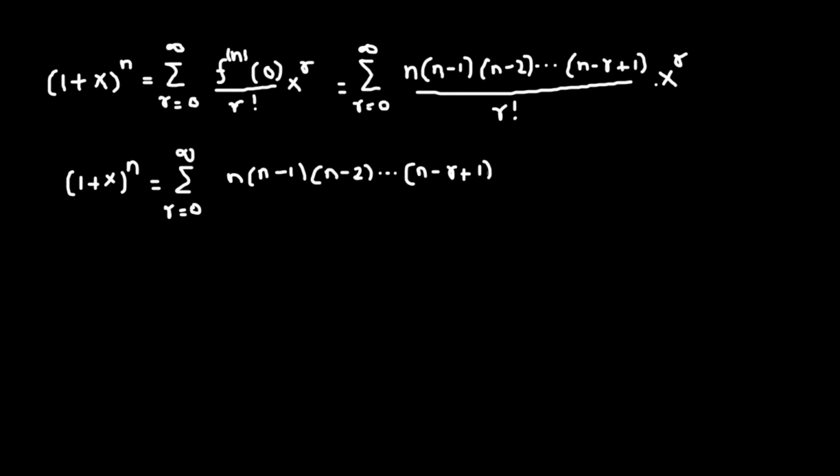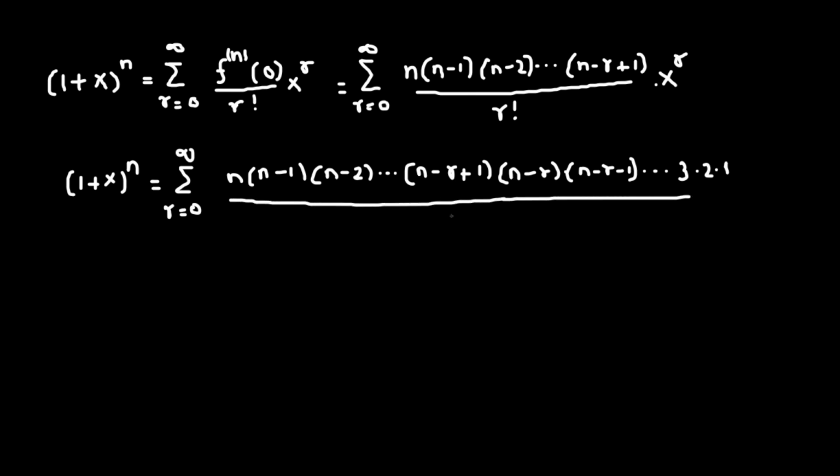Now we're going to multiply with some extra terms, so that would be n minus r times n minus r minus 1 all the way up to 3, 2 and 1, and divide by the same number of terms. So that will be r factorial times (n minus r times n minus r minus 1 all the way up to 1) times x raised to the power of r.